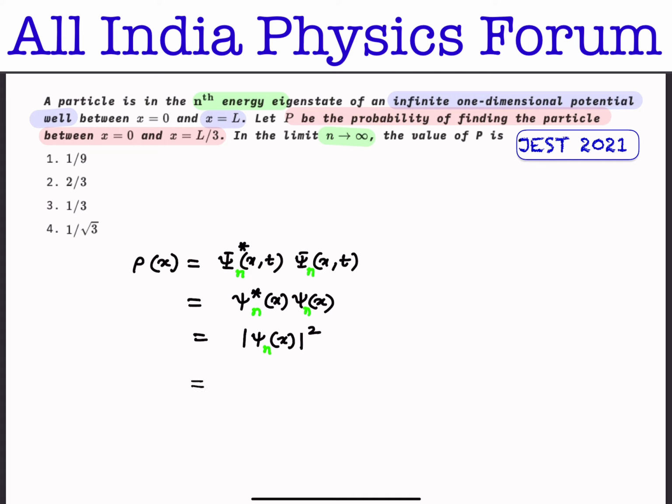So for the one-dimensional potential well it should be square root of 2 upon L sine(n pi x upon L). Modulus of this you have to make square. As this is a real quantity, we can simply write it as 2 upon L sine square(n pi x upon L).